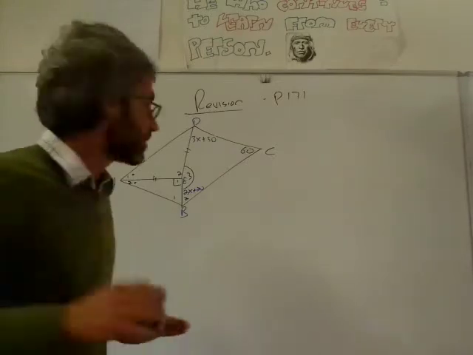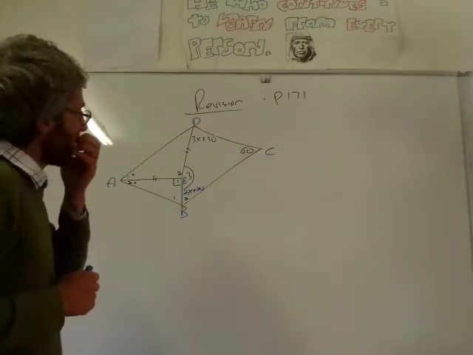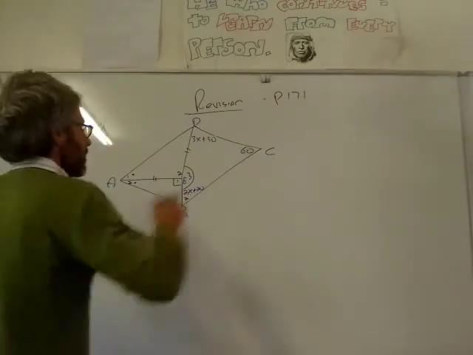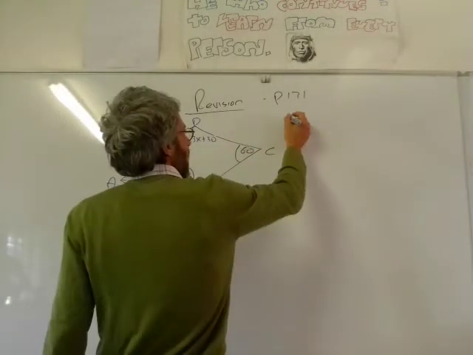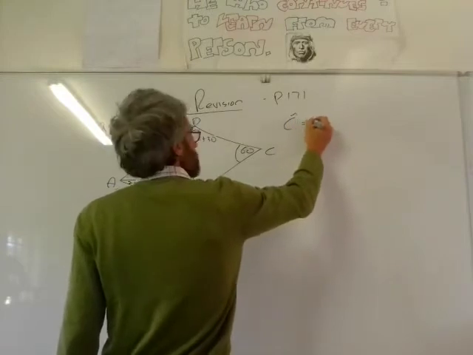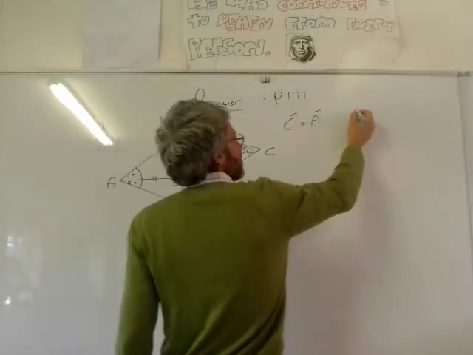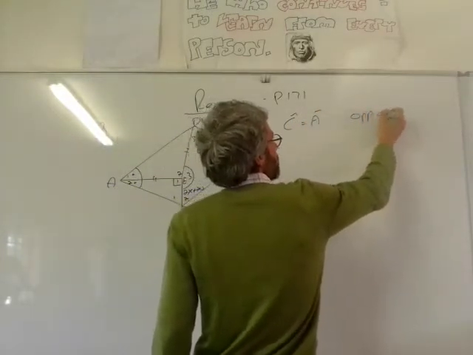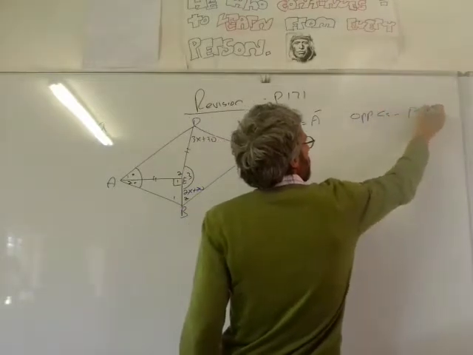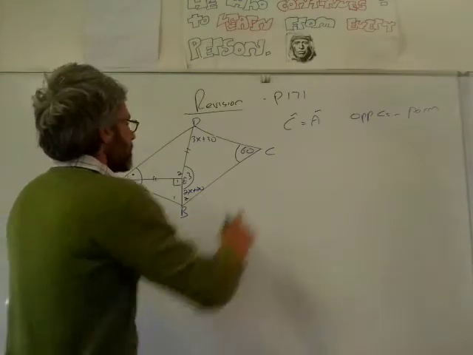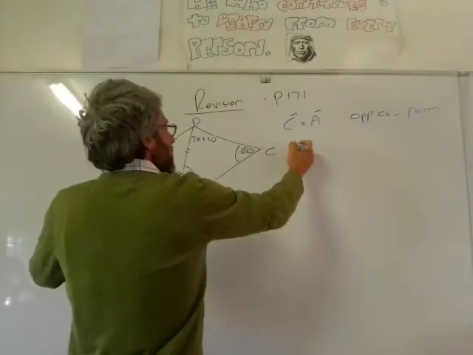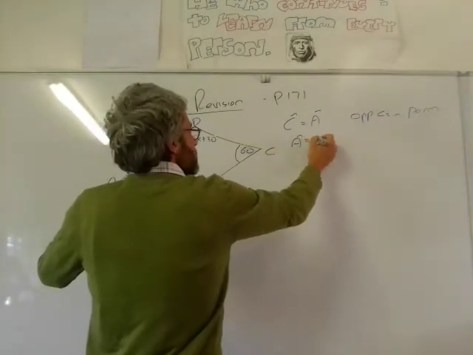It's not easy, okay? Now, one of the things you know in parallelograms is that opposite angles are equal. So you can say angle C is equal to angle A because opposite angles in a parallelogram are equal. Parallelogram, we just write PARM. Now, C is 60, so that means A is 60.